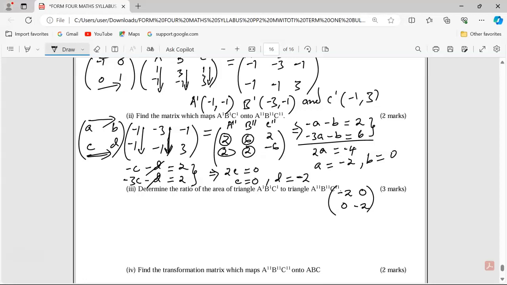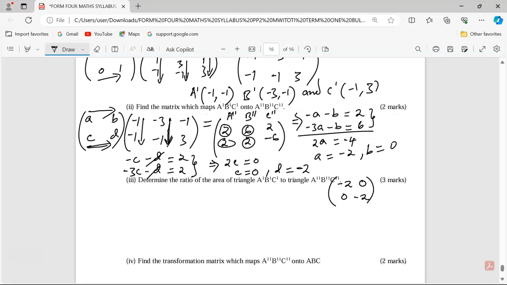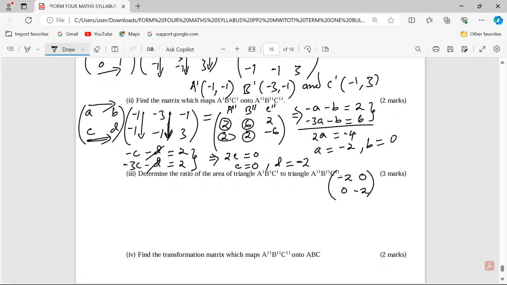Part 3 is telling us that we determine the ratio of the area of the triangle A prime, B prime, C prime to triangle A double prime, B double prime, and C double prime. So we should know that there is a matrix involved in transforming A prime, B prime, C prime to the second image, and therefore the determinant of such a matrix will give what we call area scale factor.